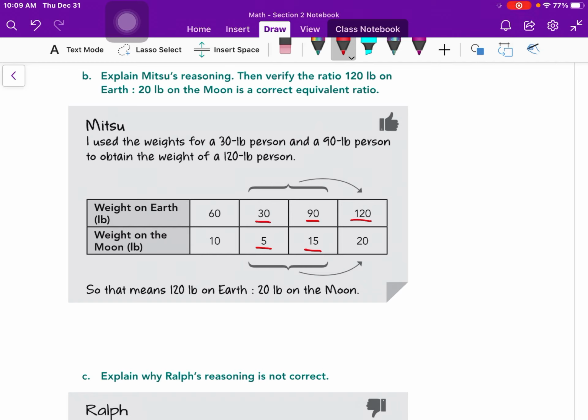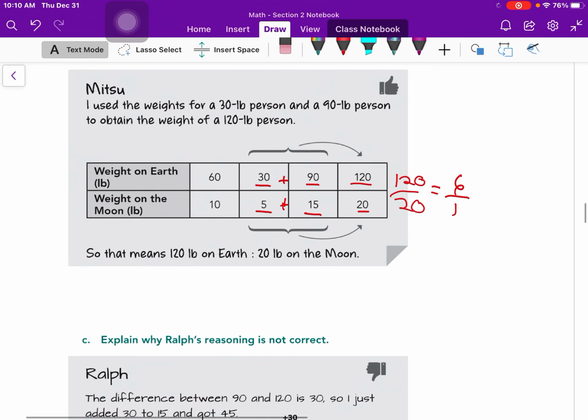Is that right? Does that work? It does in this case. They were adding these two together to come up with the new ratio of 120 over 20. Makes sense. And we can verify it because we know 120 over 20 does in fact simplify down to 6 over 1.